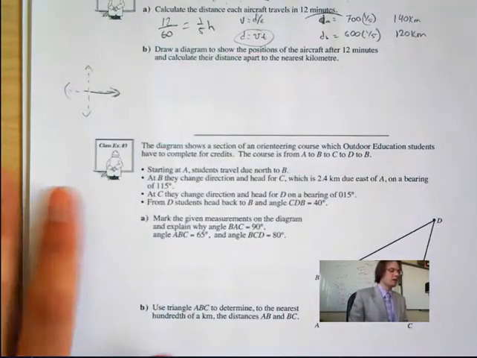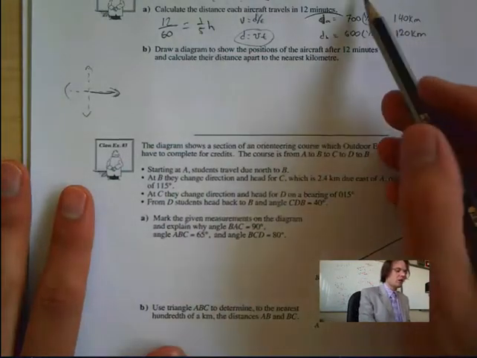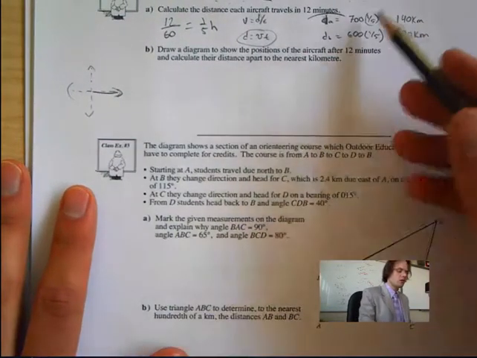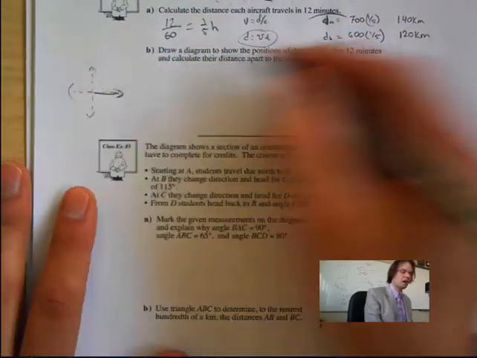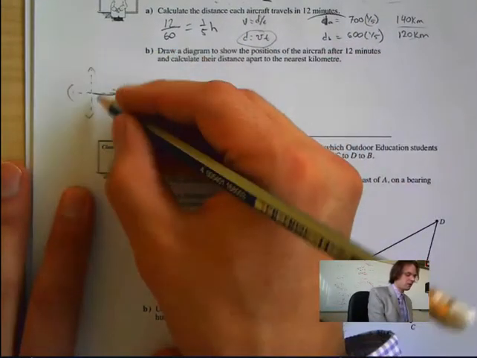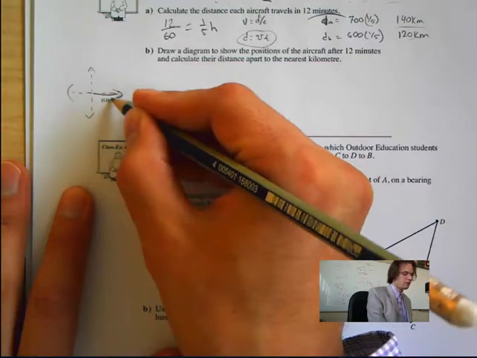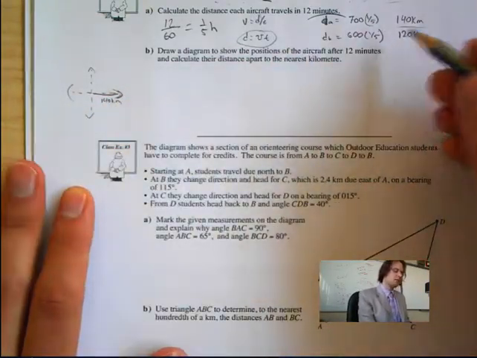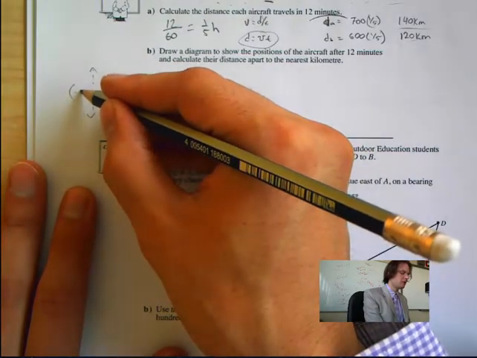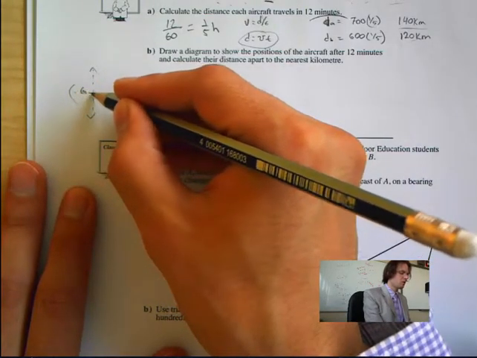It's going east, and that's 90 degrees. The other one is 290 degrees going 600. So the first one's distance is 140. And the next one is at 290. Well, 290 is just 20 past 270.